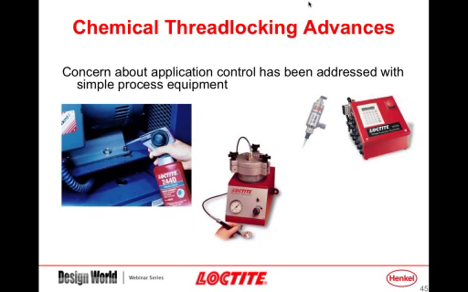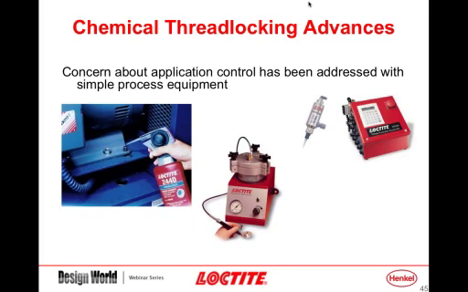This simple device is probably the most effective because many applications are being done manually, and this is a reusable applicator that allows the engineer to have better control over how much material is being applied in a production environment. Over applying the material doesn't do you any benefit because the excess product outside of the joint does not cure, it doesn't fill the threads, it doesn't prevent the corrosion.